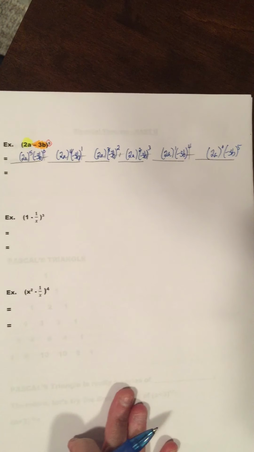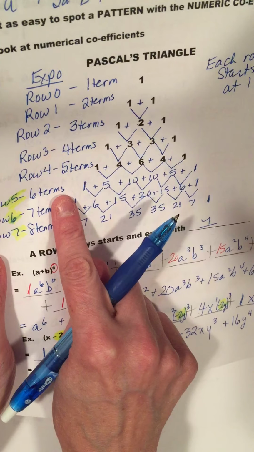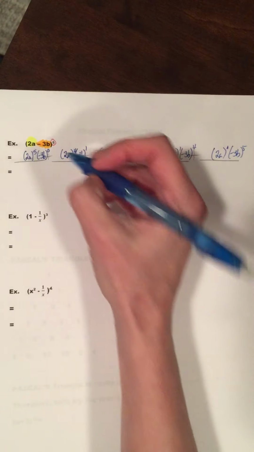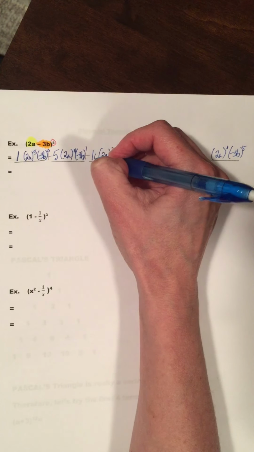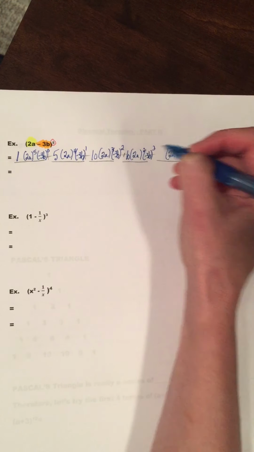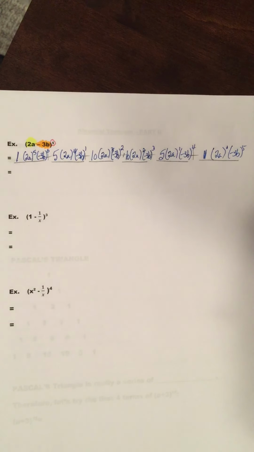So my first term has been dealt with in an ascending power. My second term has been dealt with in an ascending power. I'm dealing with my fifth row, which means 6 terms. So my coefficients are going to be 1, 5, 10, 10, 5, and 1. Okay, so you're going to get some marks for that.